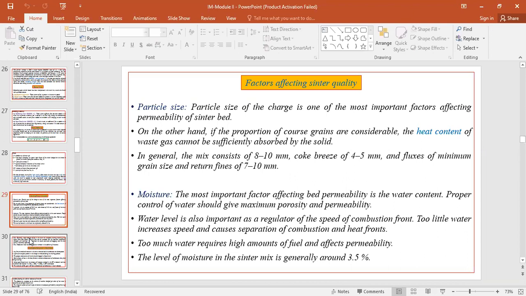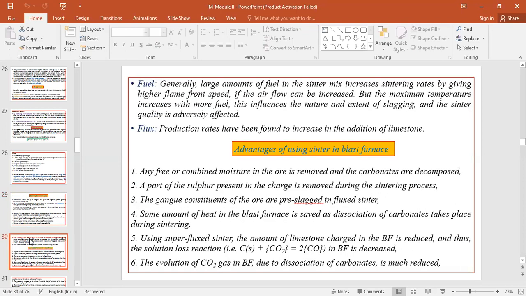So an optimum amount of moisture should be added so that every layer of the bed will attain the maximum temperature. There should be an effective matching of heat front and flame front. So the level of moisture in the sinter bed to maintain is approximately 3.5%.